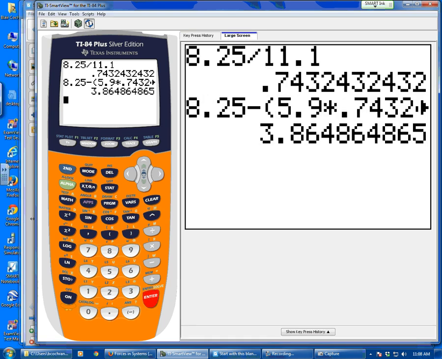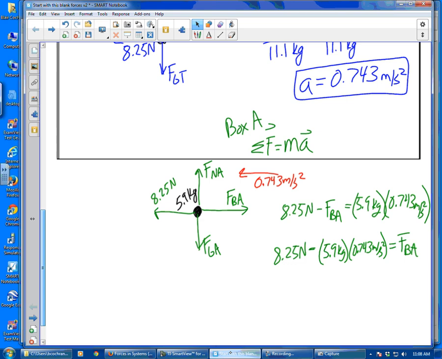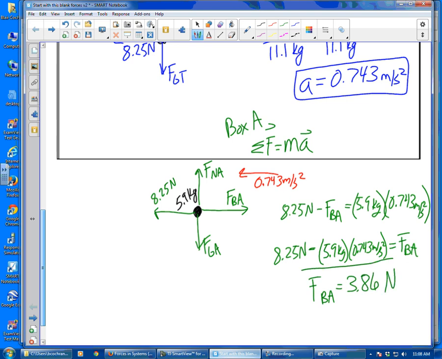And I get 3.86. So I get an FBA of 3.86. Yes. I got 3.86.